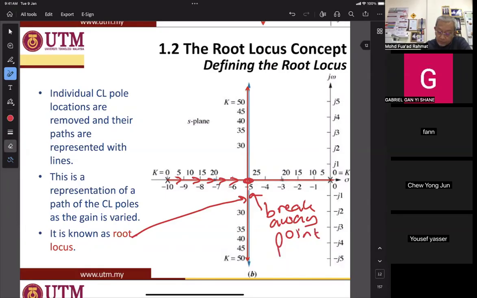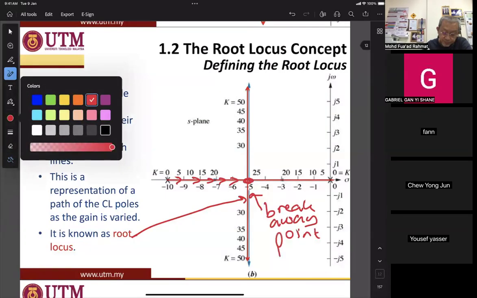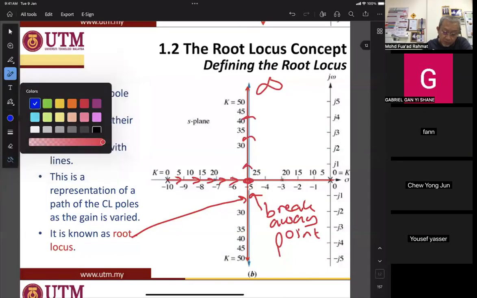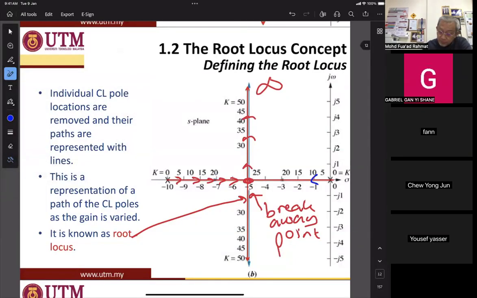The first locus will go to infinity, and the second locus will begin from 0, then meet at -5, the breakaway point, and end at infinity as well.